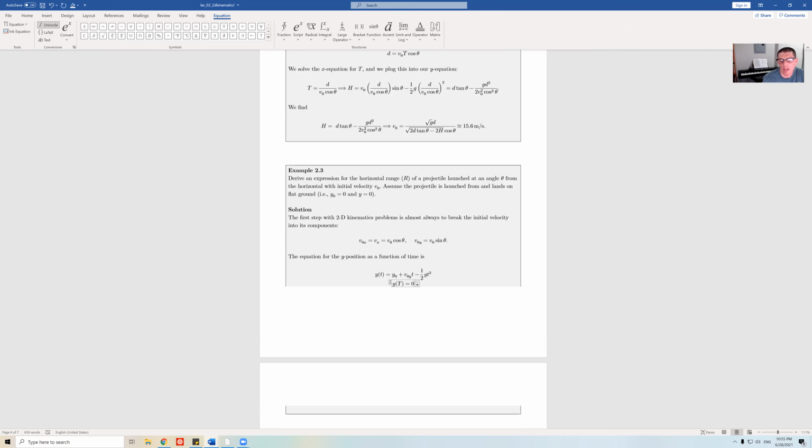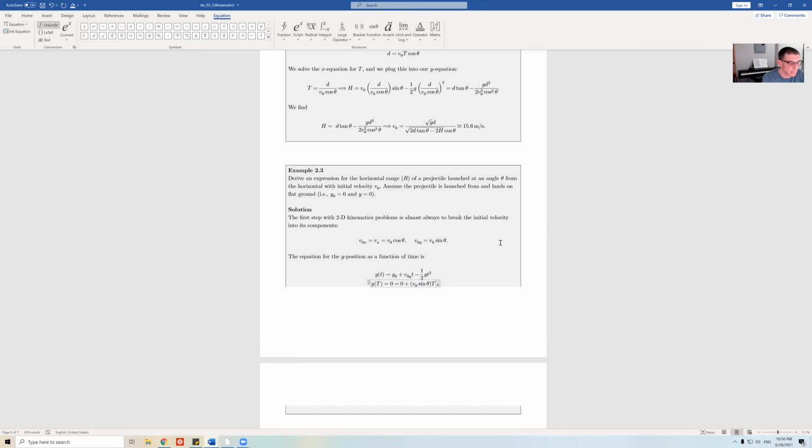Furthermore, this is my y of T, this is my y final, just so that's clear. I'm going to write another 0 here, because we're going to take the initial position of the projectile to be 0, which I think is a very sensible choice and something we can pretty much always do. We plug in what the initial y is. That's just v naught sine theta.